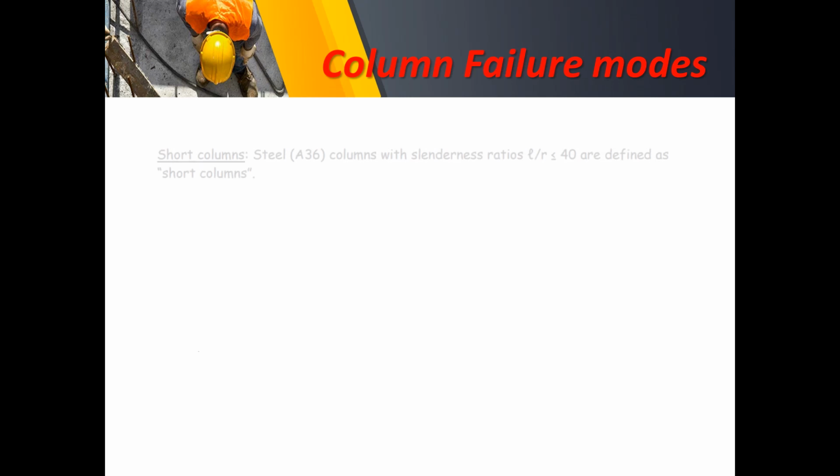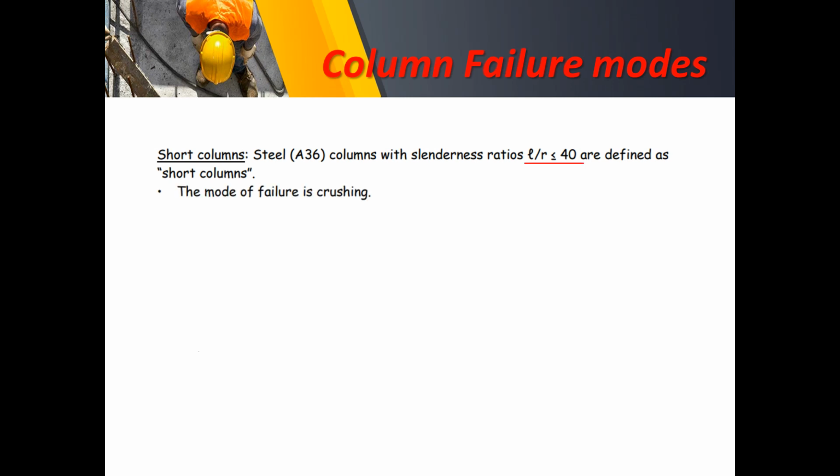So for the column failure modes, first, the short columns. It is classified as short if your slenderness ratio is less than or equal to 40. The failure mode in that condition is crushing.